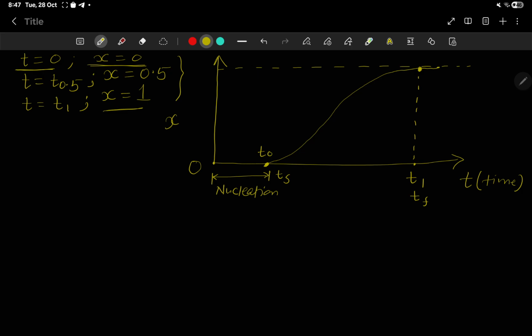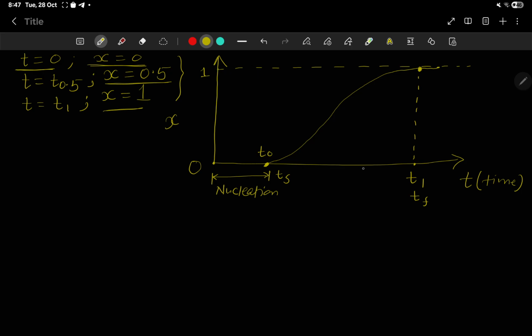Okay, and now can you tell me where x equals 0.5 will be? Now this is 1, this is 0, so the fraction of transformation is varying from 0 to 1.